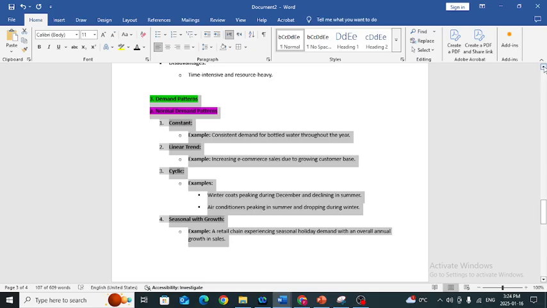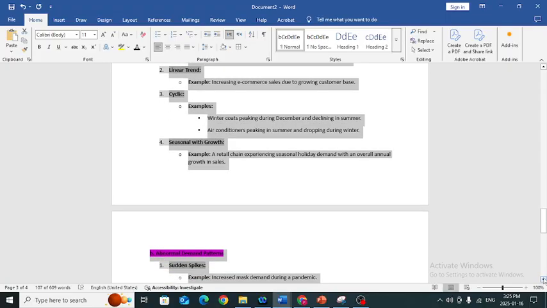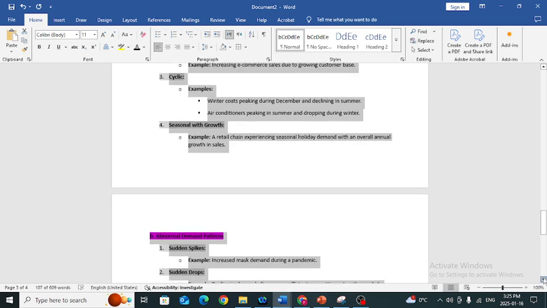Air conditioners peaking in summer and dropping during winter. So according to the seasonal, we can have some forecasting about this. And seasonal with growth, for example, a retail chain experiencing seasonal holiday demand with an overall annual growth in sales.